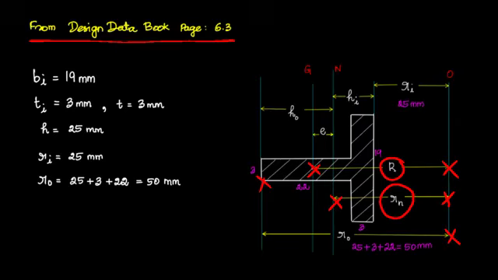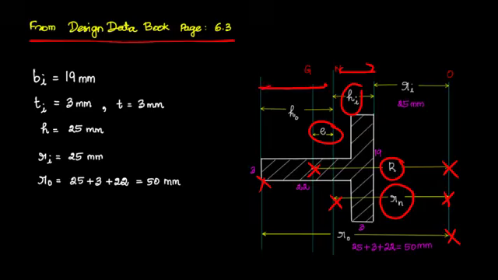E is the distance between the centroidal axis and the neutral axis, and Hi is the distance between the inner fiber and the neutral axis, and Ho is the distance between the neutral axis and the outer fiber.